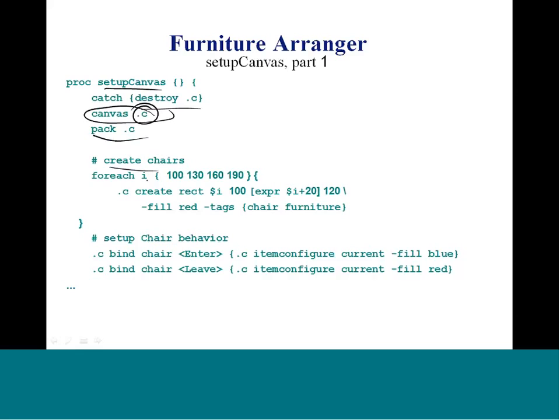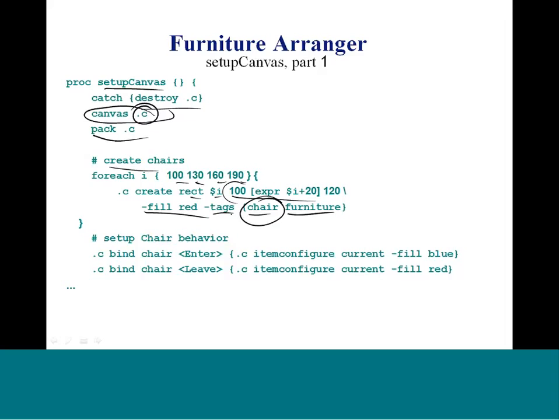For each of these numbers, we create a small rectangle at the actual location, and then we fill it with red, and we add the tags chair and furniture. In the big picture, this indicates the chair, and now we will set up the chair behavior.